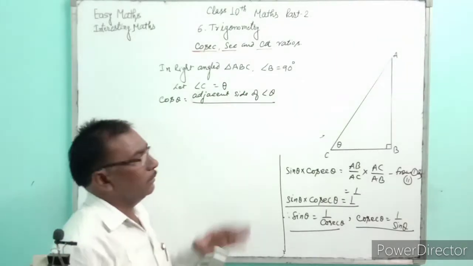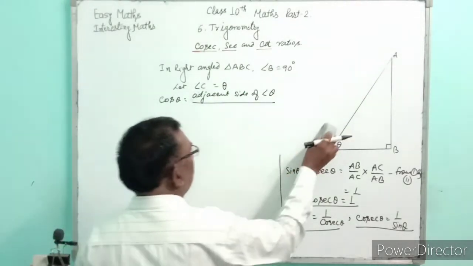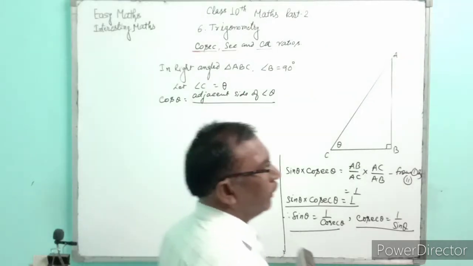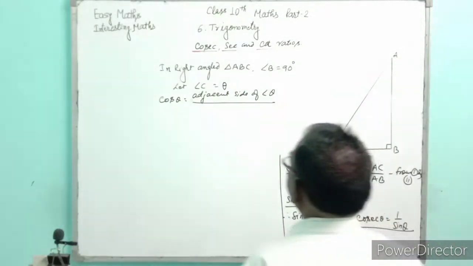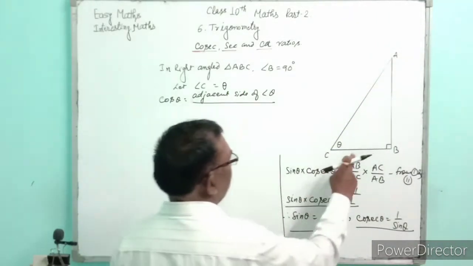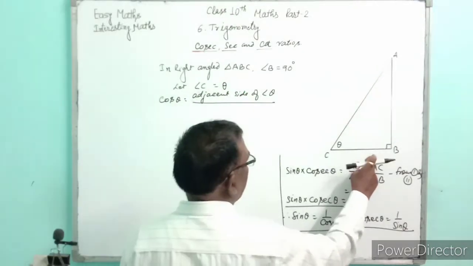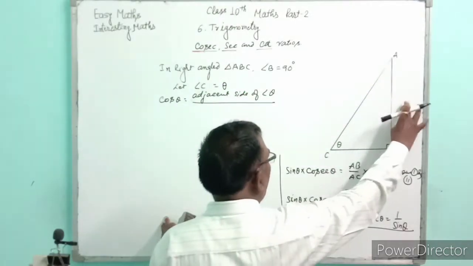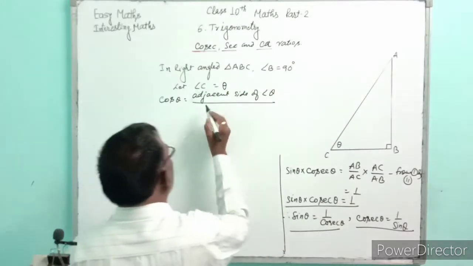We are using angle theta of the given right angle triangle ABC. So BC is the adjacent side of angle theta, this is the opposite side, and this is the hypotenuse.